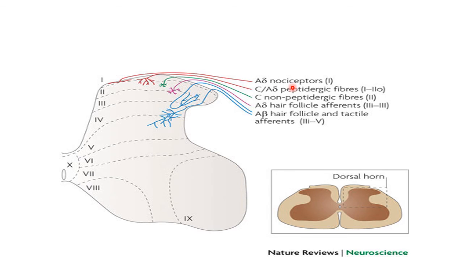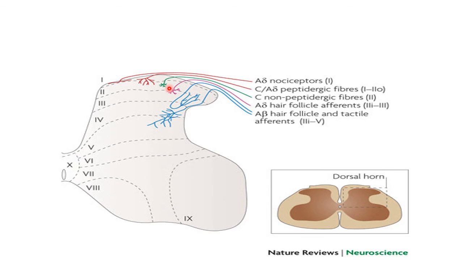These receptors send the information via A delta, while the peptidergic fibers convey their senses by C fibers and A delta fibers, similarly in layers 2 and 1.